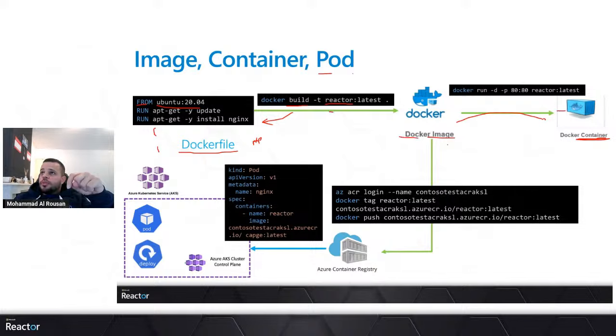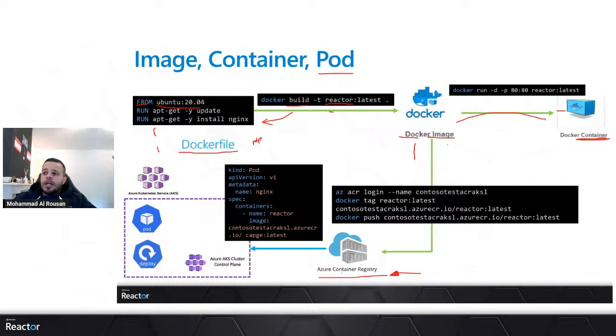So what about the pod? When we talk about Azure Kubernetes Service, there is an extra step you need to do, which is pushing the Docker image to Azure Container Registry. Azure Container Registry is a private registry to store images.